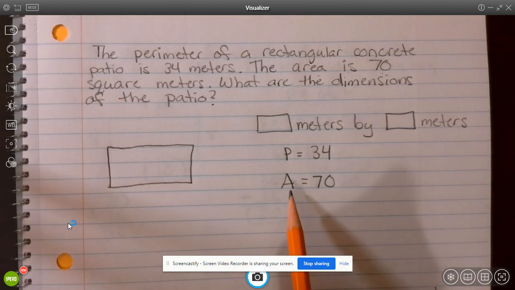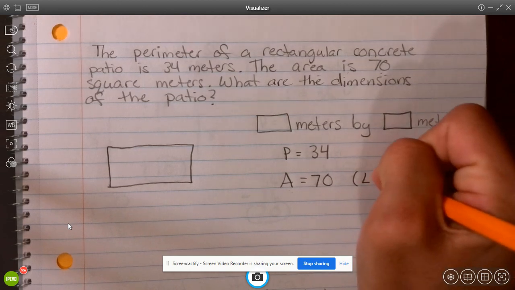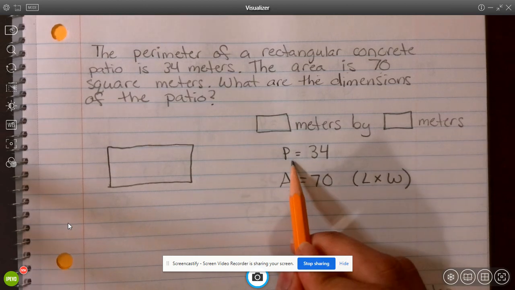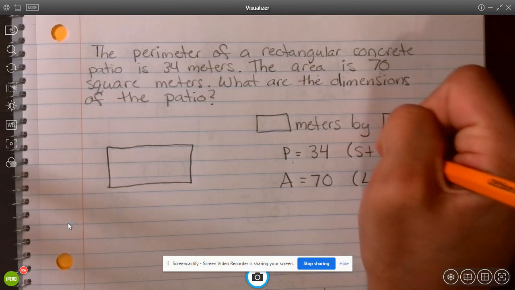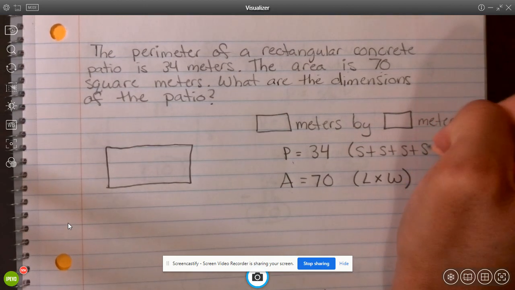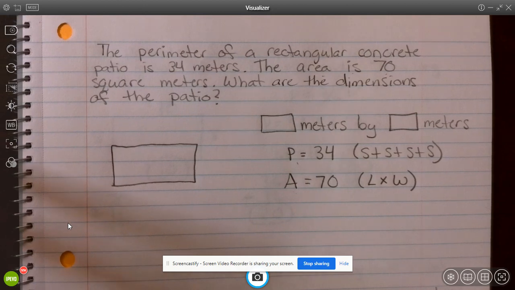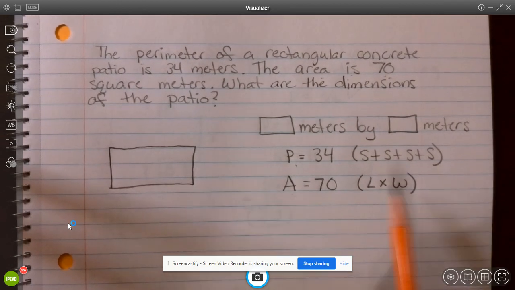The formula for area is length times width. And we know the formula for perimeter is side plus side plus side plus side. You add all the sides together and that's the perimeter. So let's figure out the area, which is length times width.